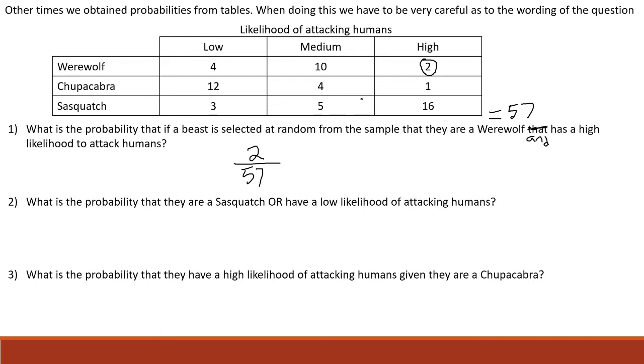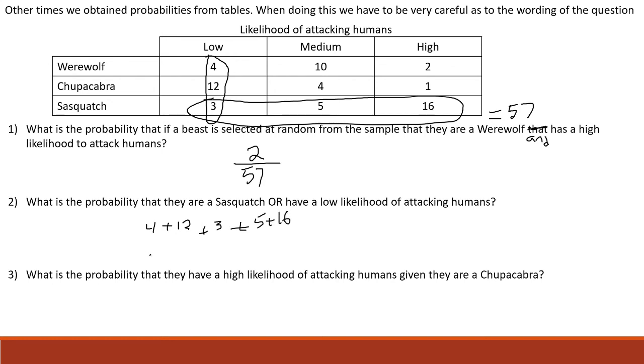Whereas if I say or here, so a Sasquatch or having a low likelihood of attacking humans, well, that means I could be either a Sasquatch, which are all these values here, so 3, 5, and 16, or I can pick something that has a low chance of attacking humans, which is these up here. So I'm going to add up 4 plus 12 plus 3 plus 5 plus 16 out of 57.